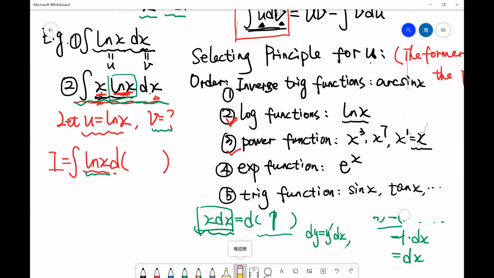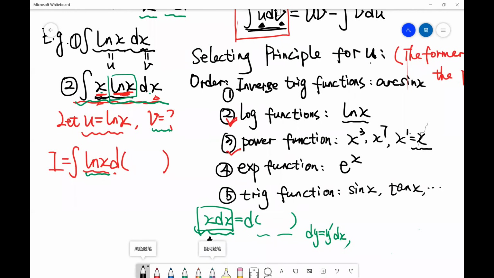So how to find the things inside after d here? Actually, that means you find one antiderivative of x here.